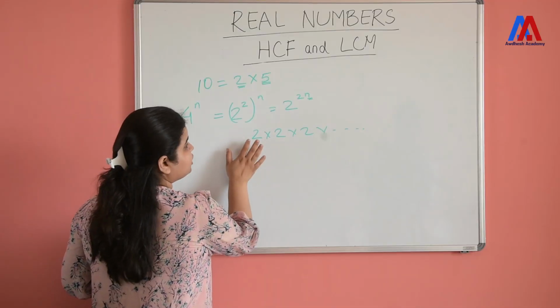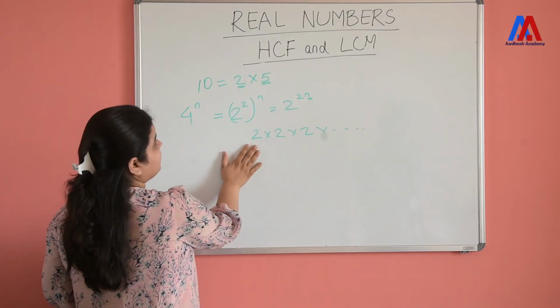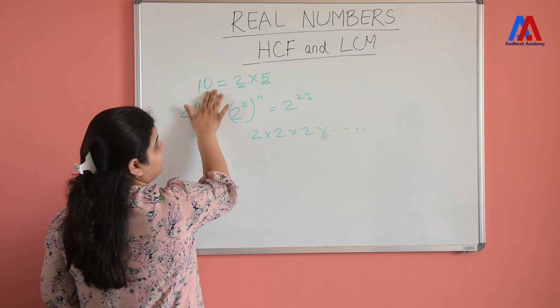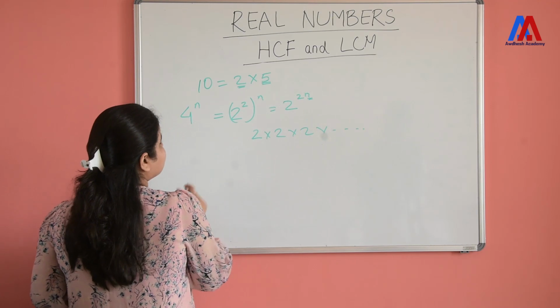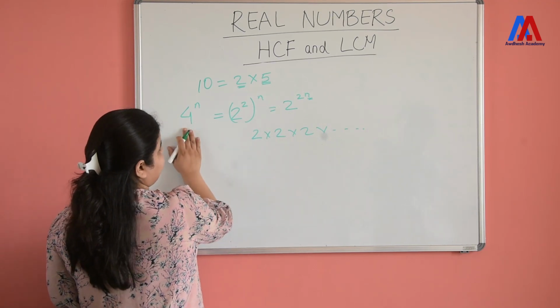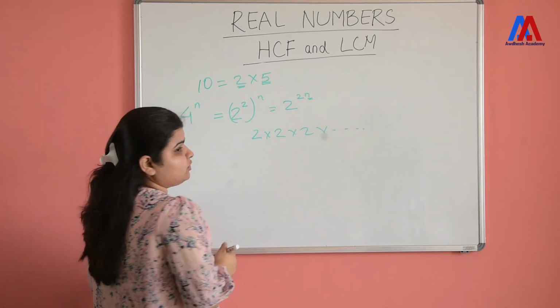So here we have our 2's which will be required for the number to be divisible by 10, but we don't have any 5 here. So we can conclude that 4 raised to the power n will never end with 0.